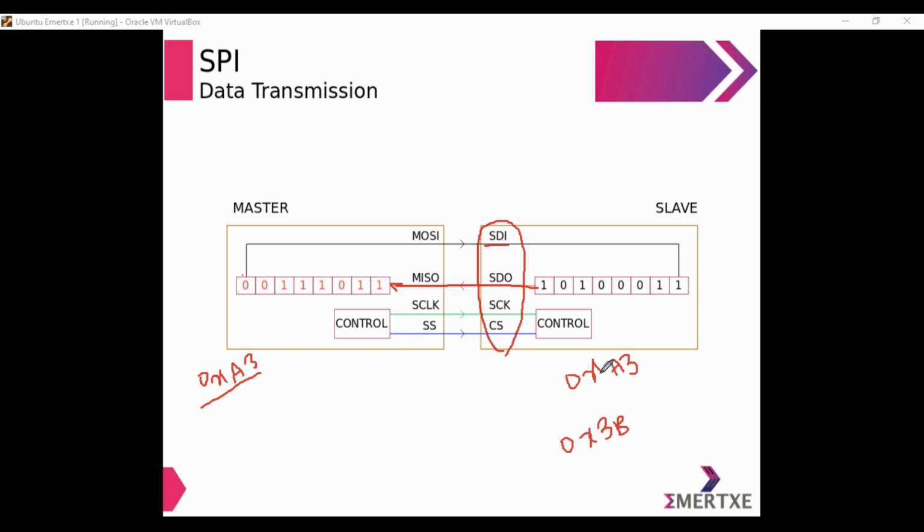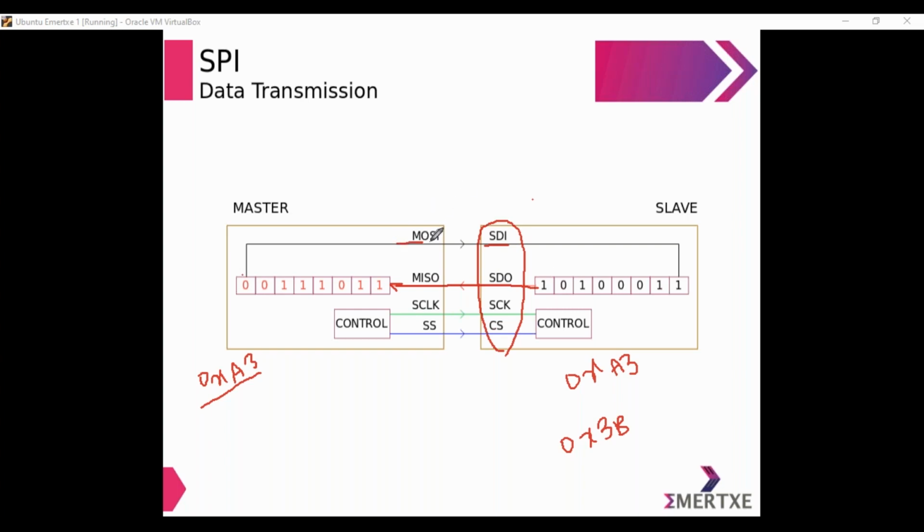It doesn't have to say master out, slave in, master in, slave out all the time. So the manufacturer of the slave says, I will simply refer to it as slave data in and slave data out. I don't want to give different names. The names may be different, but the functionalities are going to remain the same.